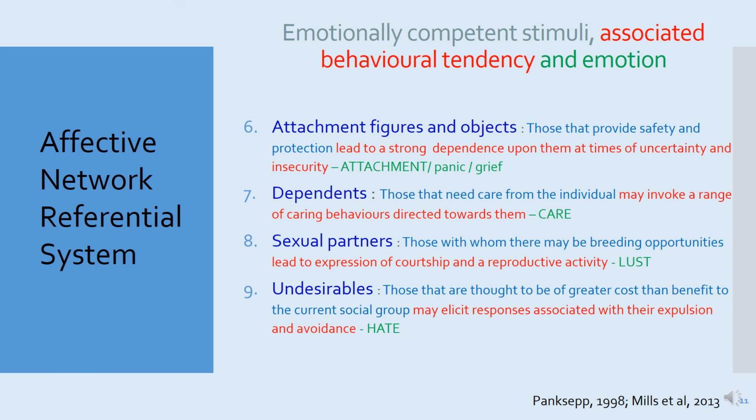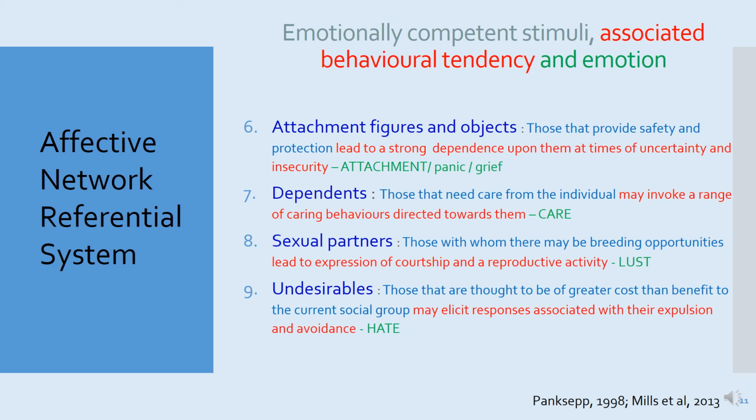Finally, there are social relationships with individuals that we wish to exclude. Now, this is not the same as just not being interested in an individual. They attract no emotional significance. But there are individuals that somebody might wish to actively exclude from their social group.